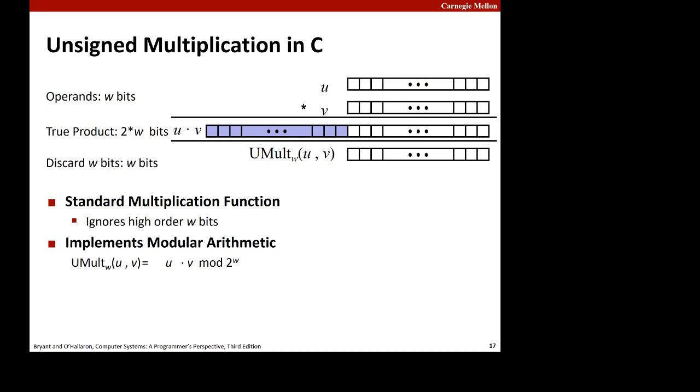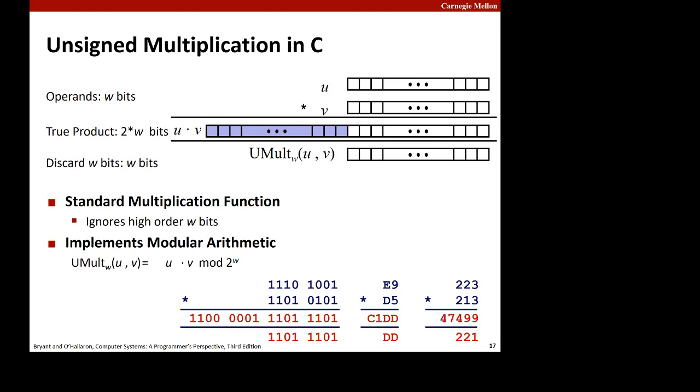So for example, with unsigned, if you had two operands, U and V, and you multiply them, you might need twice the number of bits to represent the true mathematical product of those two numbers. But we'll just drop off those upper bits and leave the result within this w-bit range. And you can see that this is exactly an implementation of modular arithmetic. Modular arithmetic is maybe not the standard multiplication, but it's one that people know and understand very well.